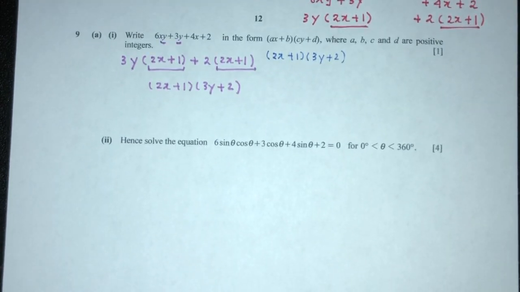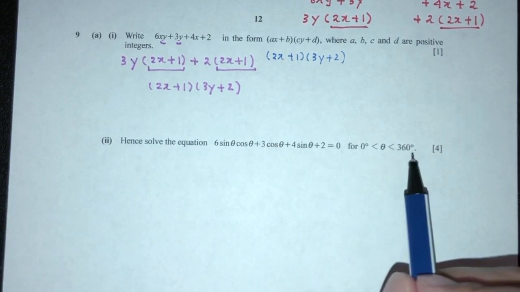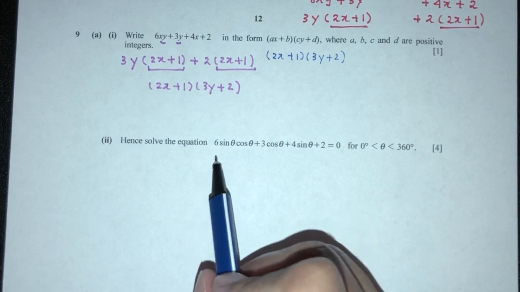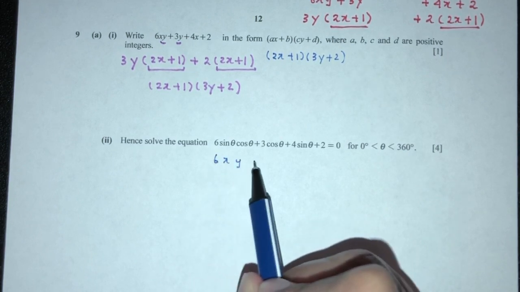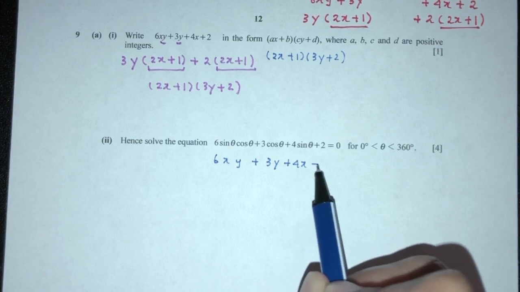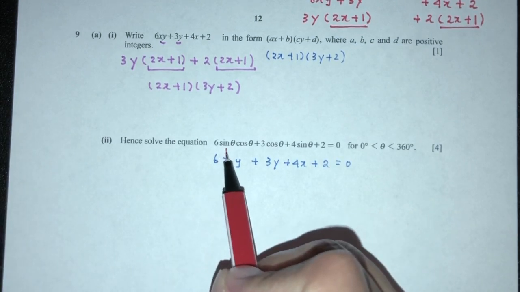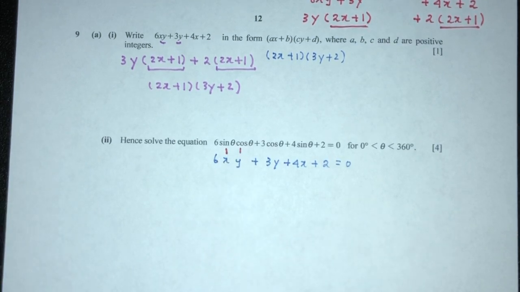Now for part 2, hence, using that information, we have to solve this equation. So let's see, by comparison, that is 6xy plus 3y plus 4x plus 2 is 0. So it is the same thing as this. We just have to replace the value of x by this and y by this. If that makes sense.